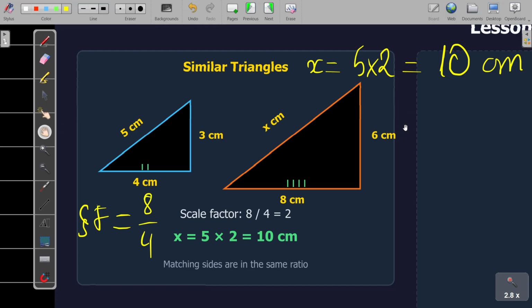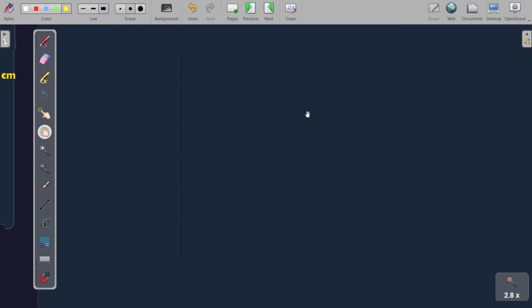So let's go a little bit backwards. What if we have a large triangle with a base of 12 and a side of 15? I have to draw this out. So we have something like this, for example.